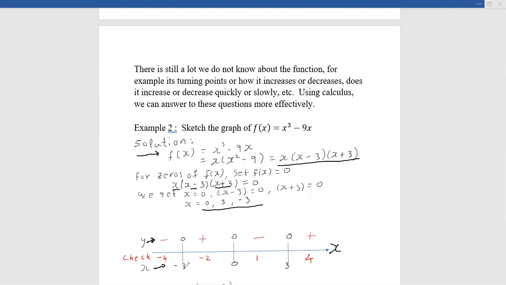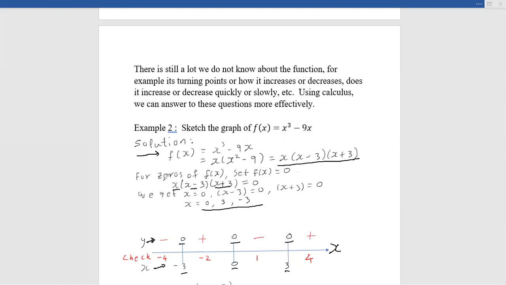When x is negative 3, 0, and 3, we get the corresponding y value 0. It's all zeros, right? Negative 3, 0, and 3, all y values are zeros. We want to find out the sign of the function, whether the function is above the x-axis or below the x-axis. If we get a positive answer, the function is above the x-axis. If we get a negative answer, the function is below the x-axis.